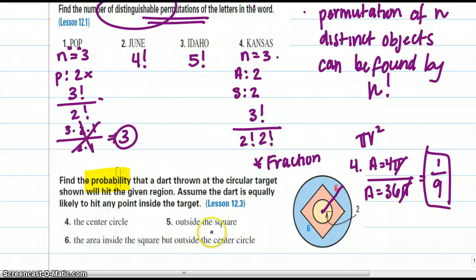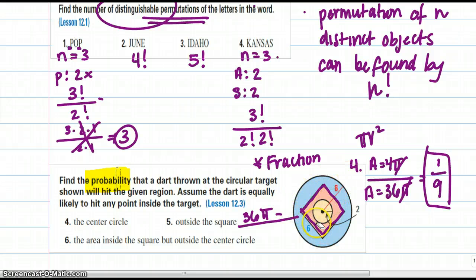Okay, so the outside of the square is anywhere in this blue region. So what I really need, of course, is the entire circle, which I already found as 36 pi. And I need to subtract the square, because then I'll be left with just that blue region. If you look closely, one side of my square is 6, so the area of my square is 36, 6 times 6.